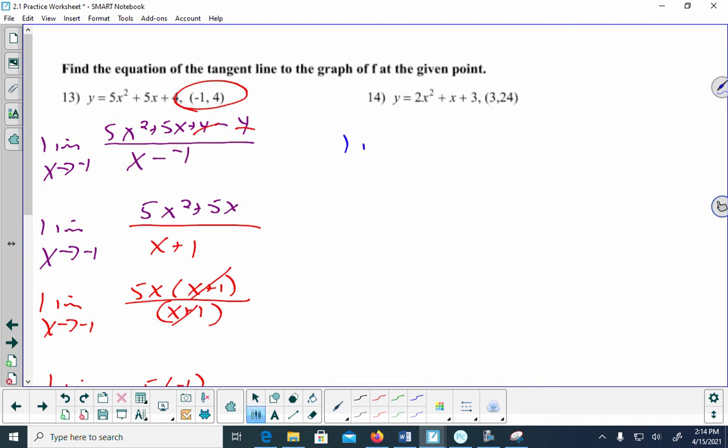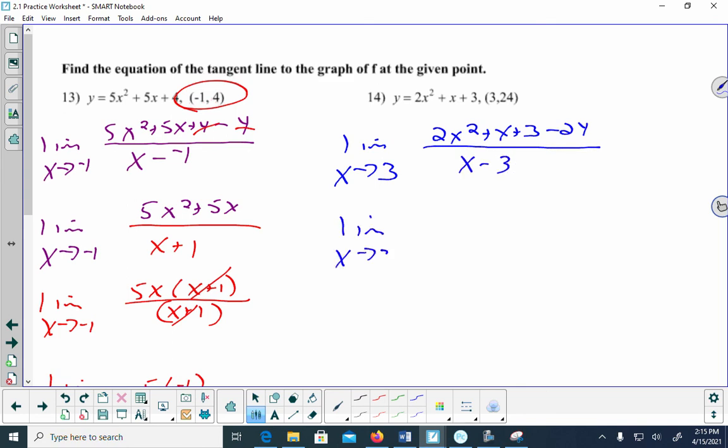So I'm going to take the limit as x approaches 3 of 2x squared plus x plus 3 minus 24 all over x minus 3. So I'm going to take the limit as x approaches 3 of 2x squared plus x minus 21 over x minus 3.